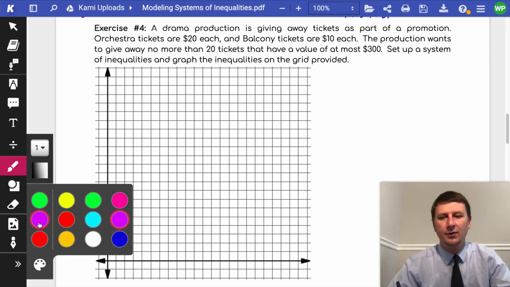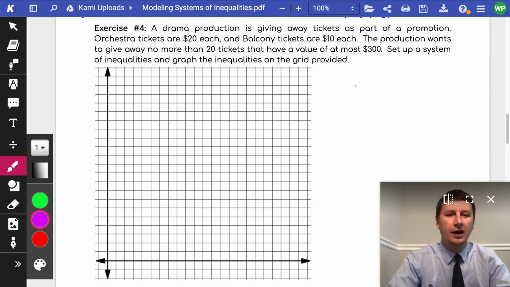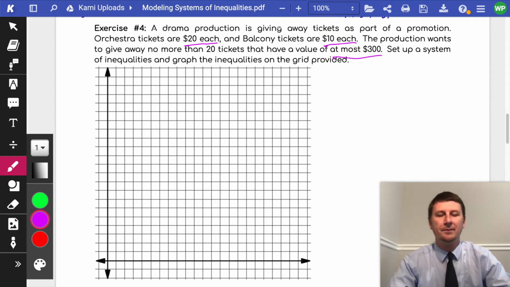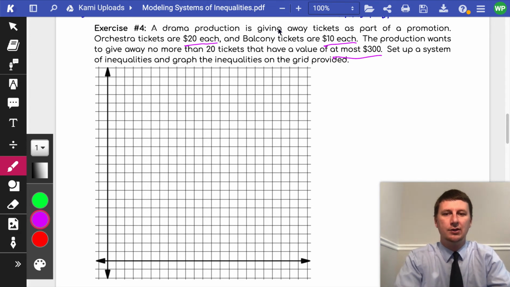So just as we've seen this before in a word problem, the first thing I like to do is group my units together. So I have $20 each, $10 each, and at most $300. So I want to put my dollars, dollars, and dollars together in the same inequality to start. Does it tell me what I need to be using for my x value and y value?